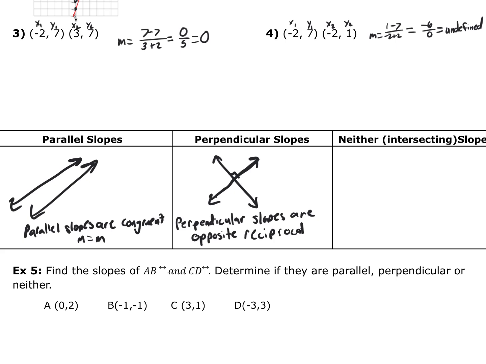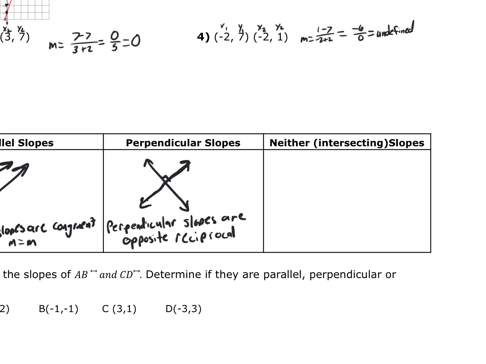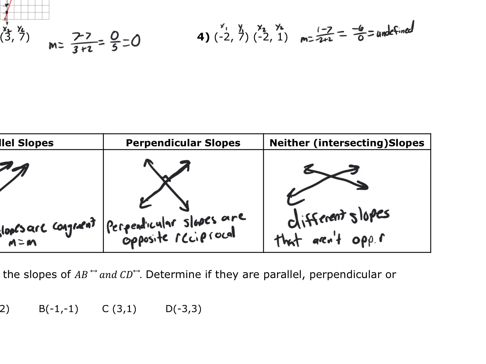So opposite and reciprocal. And any other type of slope that does not form a 90 degrees, so different slopes, basically, that aren't opposite reciprocal, so that aren't perpendicular, we'll say aren't op-recip. Those would just form intersecting lines.